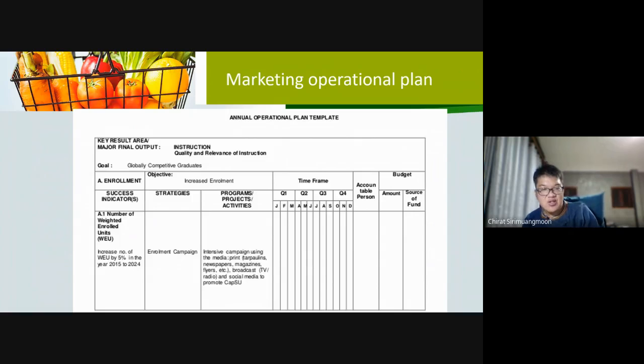Then you follow with the objectives and strategies that are already set, the program and project activities. It's like you describe what you're going to do and present the time frame, the person in charge, and also the budget. So a good operational plan should concern all of the things here.